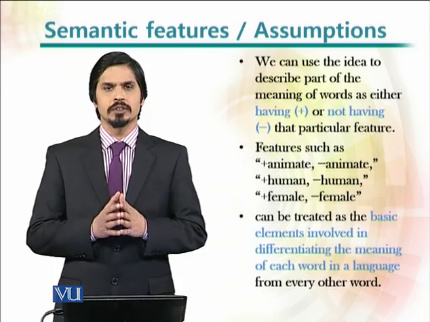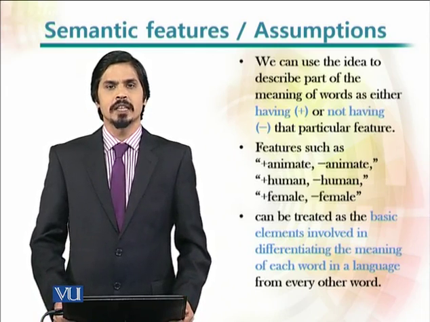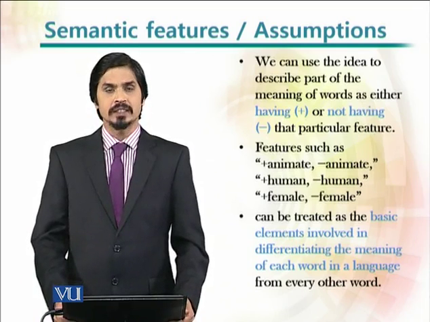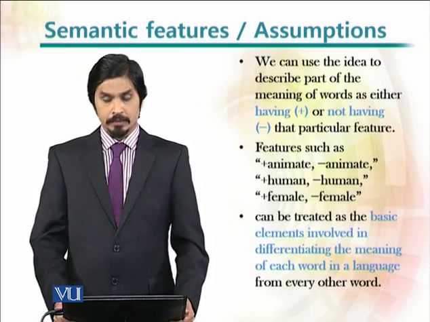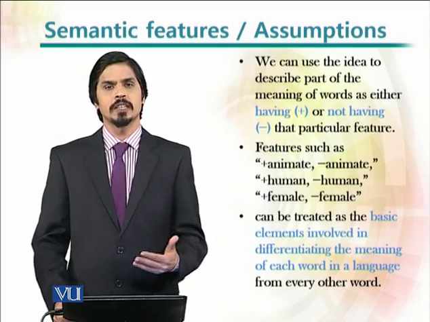If you look at your screens, you find a few words with the symbols of plus and minus. You find plus animate, minus animate, plus human, minus human, plus female, minus female.